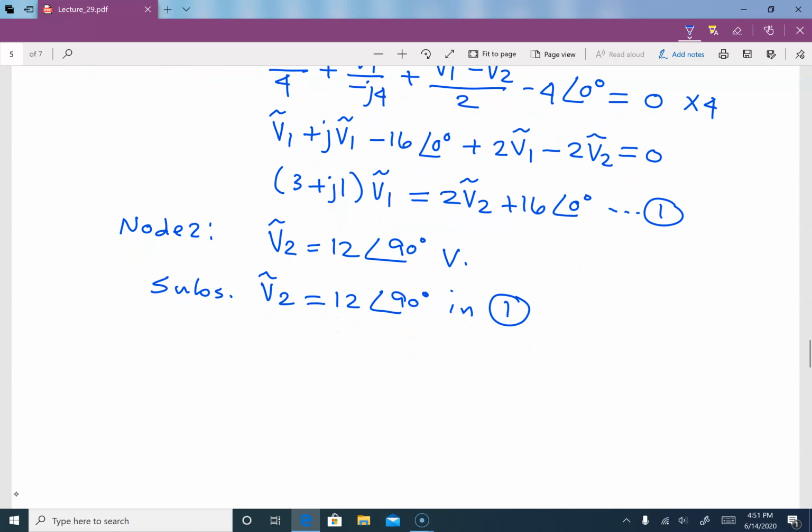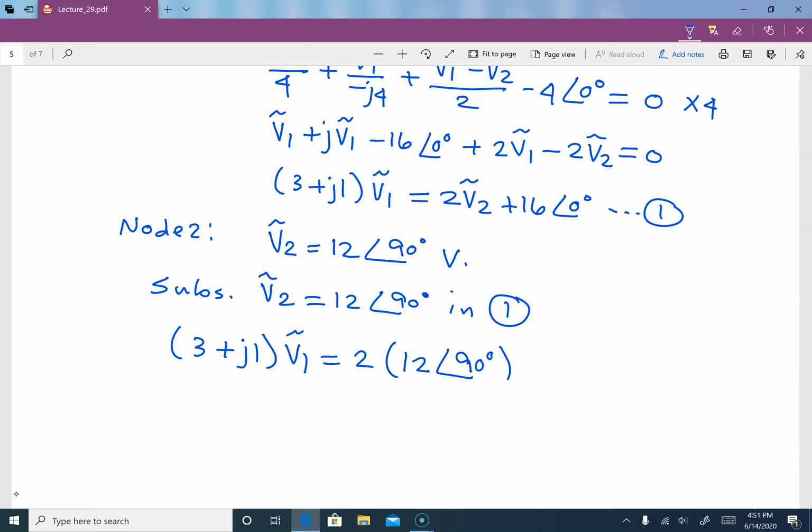We are going to get 3 plus J1 times V1 is equal to 2 times 12 with angle 90 plus 16 with angle 0. So from that we can solve for V1, which is 16 plus J24 divided by 3 plus J1.